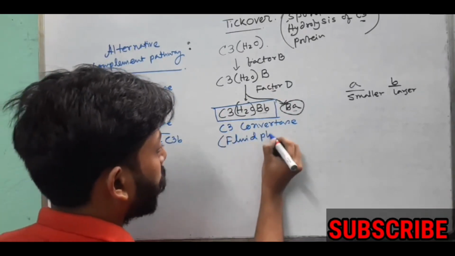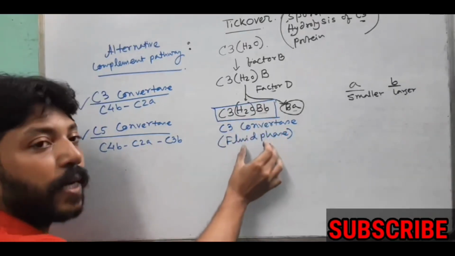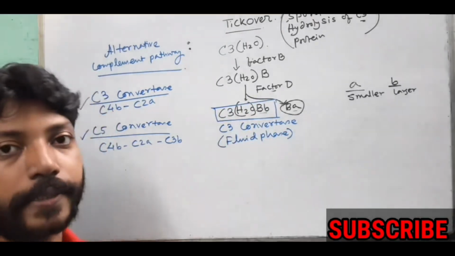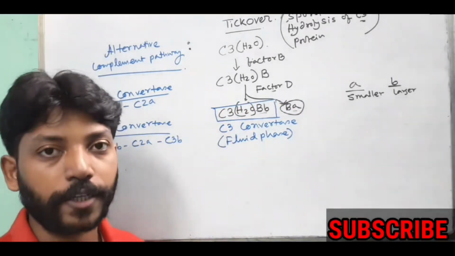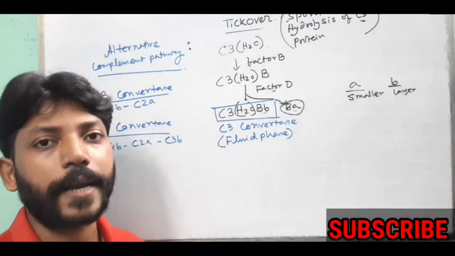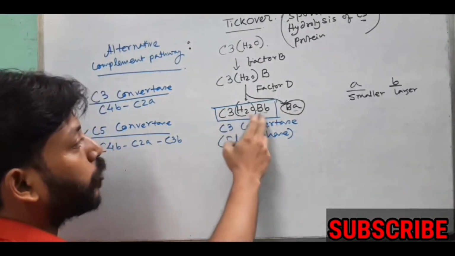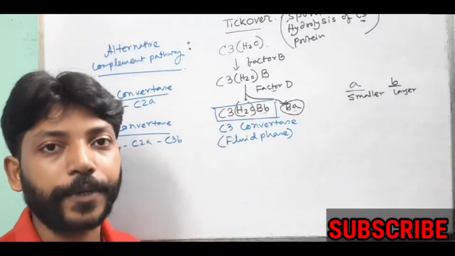Fluid phase means this complex is in the serum. And one thing I want to mention, if there is no infection, this C3 H2O Bb, the C3 convertase enzyme, gets degraded very rapidly.